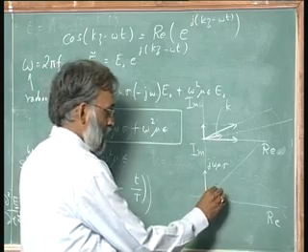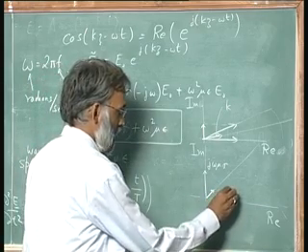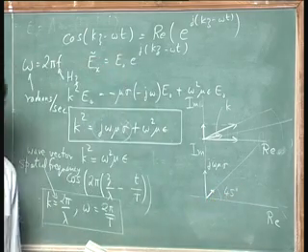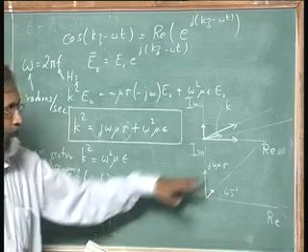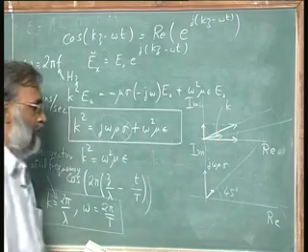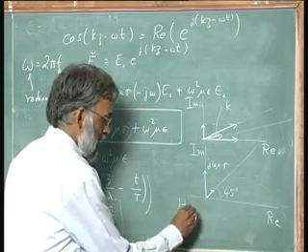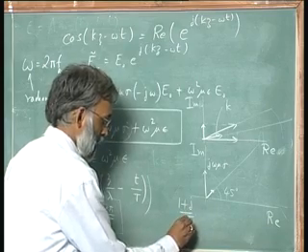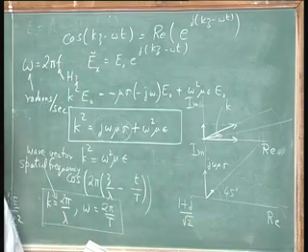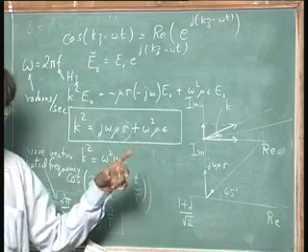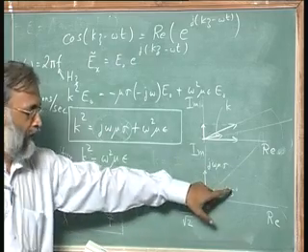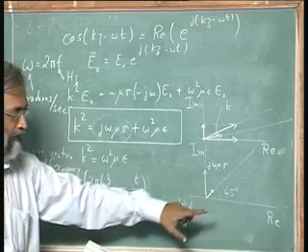This angle is nothing but 45 degrees. If I had to write what that unit vector was, it would be 1 plus j over square root of 2. That is a unit complex number with the same phase, 45 degree phase, as this vector.